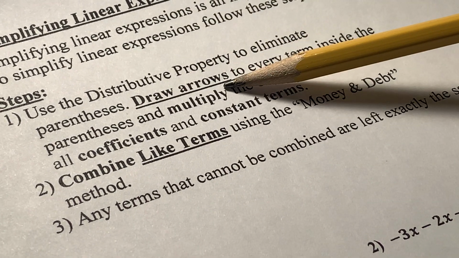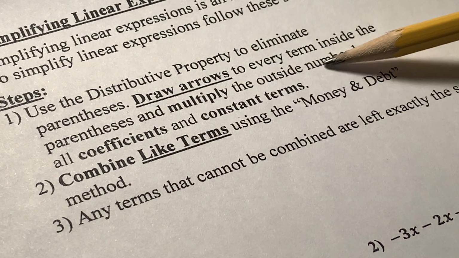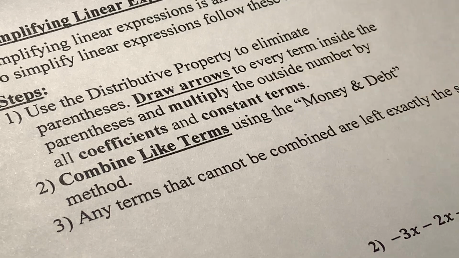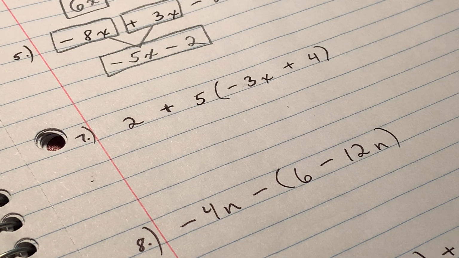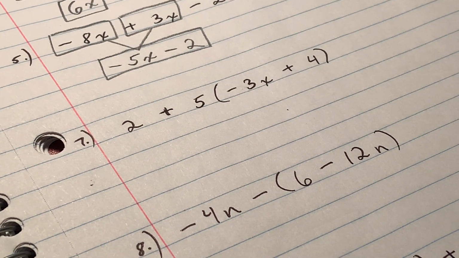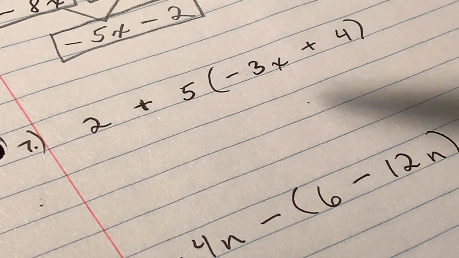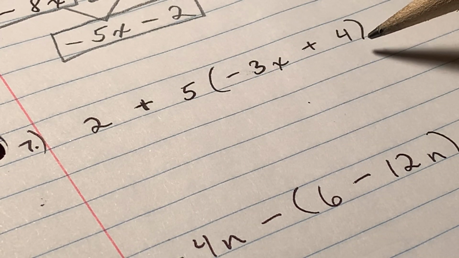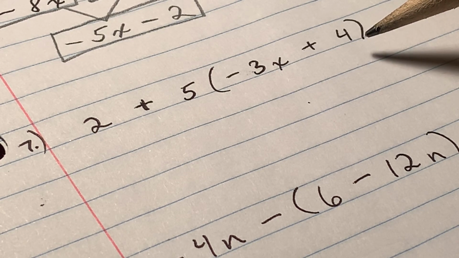Draw arrows to every term inside the parentheses and multiply the outside number by all coefficients and constant terms. This is the first time that we will actually apply that first step. So let's do it. I have parentheses. I must eliminate the parentheses first. Ladies and gentlemen, that is extremely important.